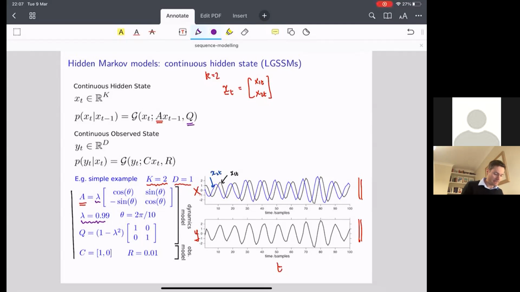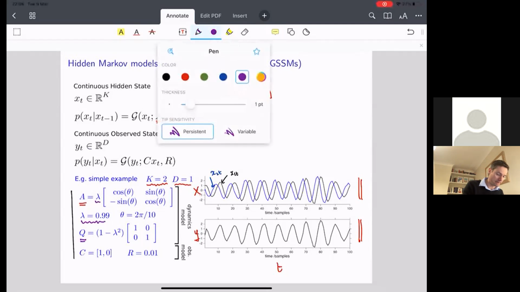The dynamics here, Q, that's the covariance of the noise on the noisy dynamics. That's given by this matrix down the bottom here, 1 minus lambda squared times an identity matrix. So this is showing that we don't have any correlated noise, that noise is added to x1 and x2 independently in this transition model.